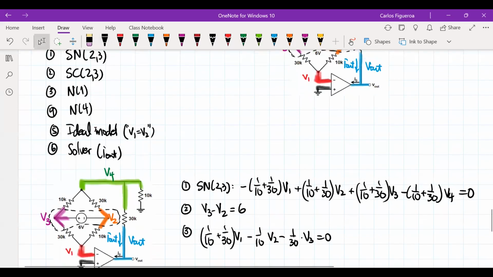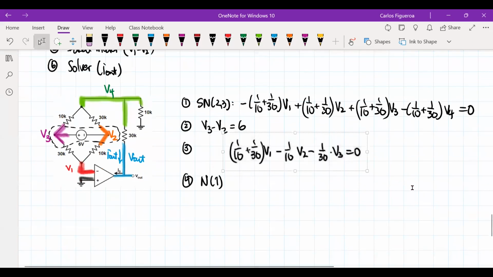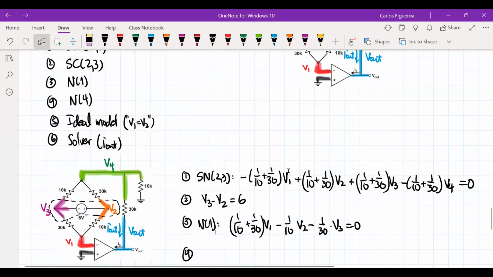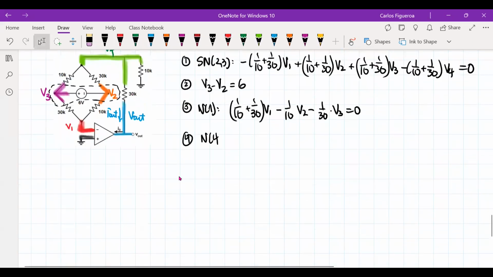Now I'm going to go to node 1. If I go to node 1, you know what? I did not do this. I just did node 1. So I should have said node 1 right here. So node 4 is what I've got to do. Now if I look at node 4 here, note that I have 1, 2, 3, 4 resistors connected.